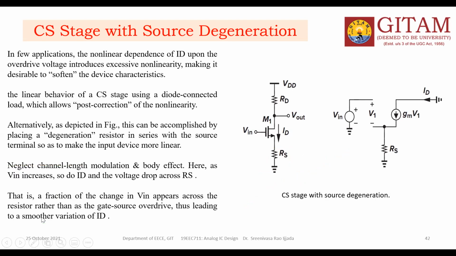From this equation, whenever the input changes, the corresponding change appears across RS, and that changes ID correspondingly. That is the CS stage with source degeneration.